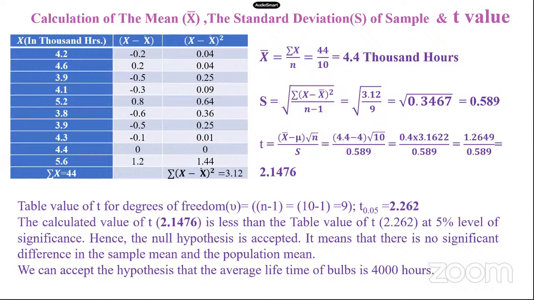And in case of standard deviation, we require the square of the deviations and their sum. So whatever difference is there between x and x bar, you can directly take the square also. Yes, sir, that only I wanted to ask.